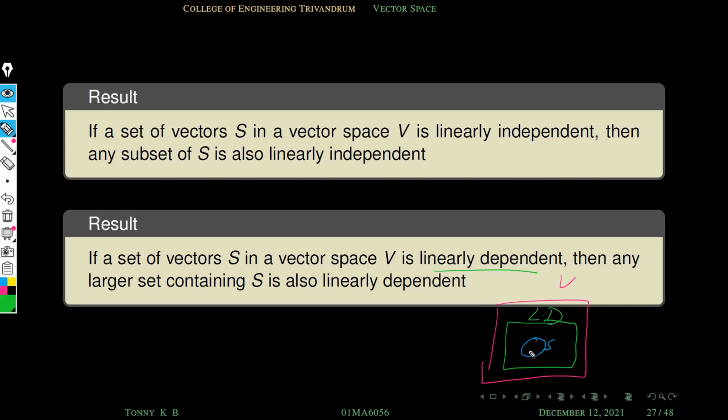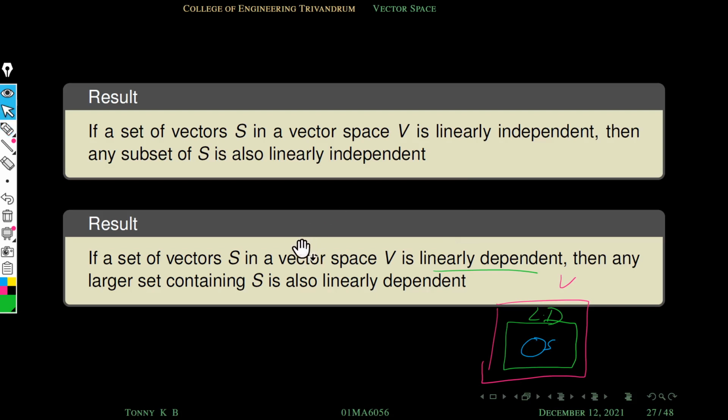So these are two useful results. In general, a superset of a linearly dependent set is always linearly dependent, and a subset of a linearly independent set is always independent. These are very useful results. Anyway, they are easy to prove, and they are useful.